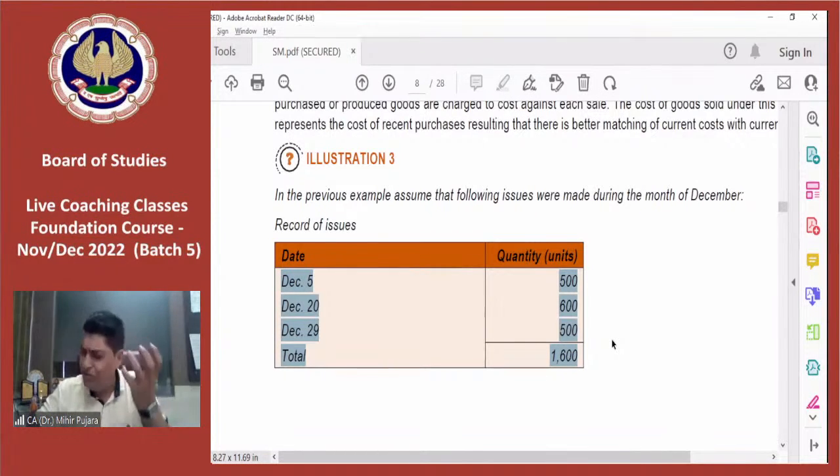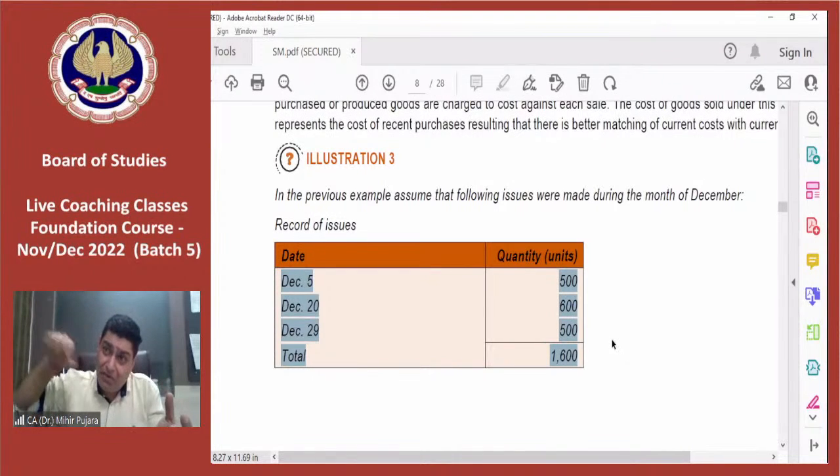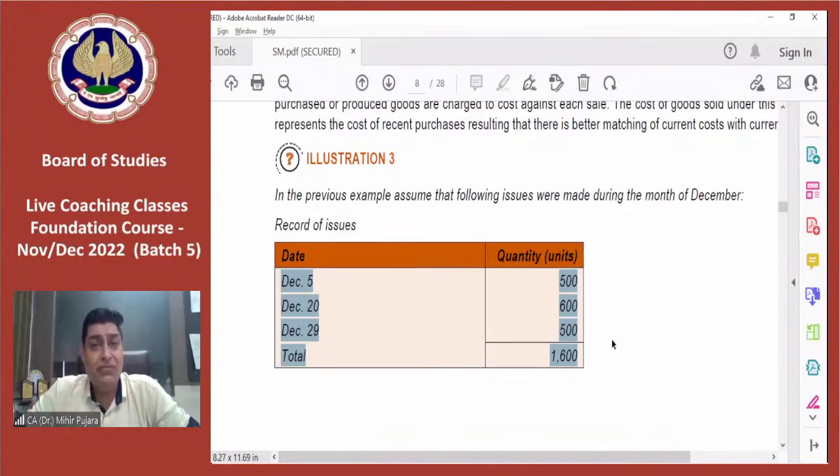Because, sir, we know the quantity 1000, but in this 1000 which price quantity will be part of closing stock, what is the bifurcation of this 1000? For that we are preparing the register.